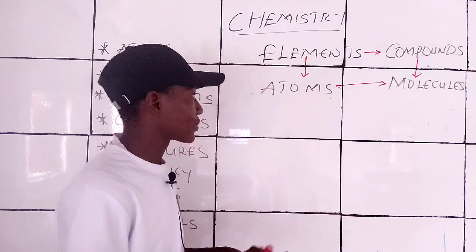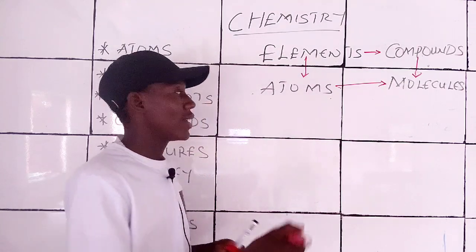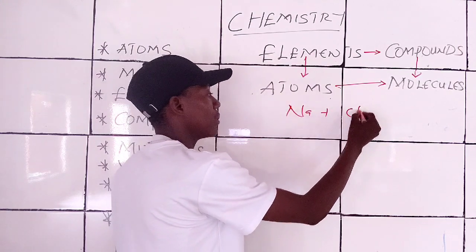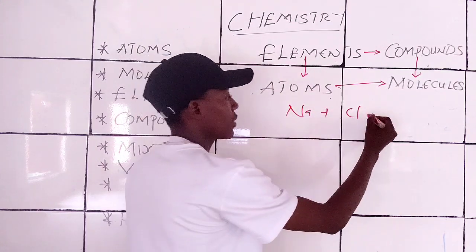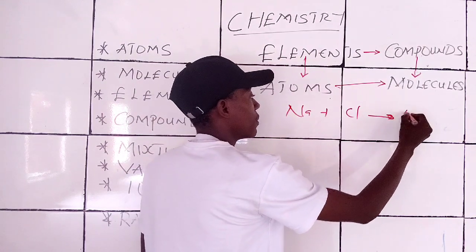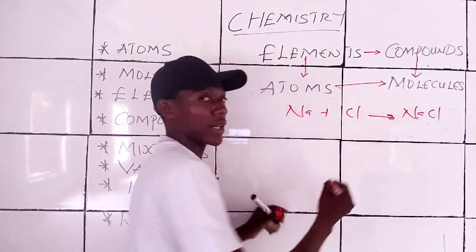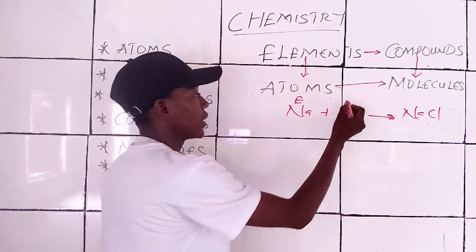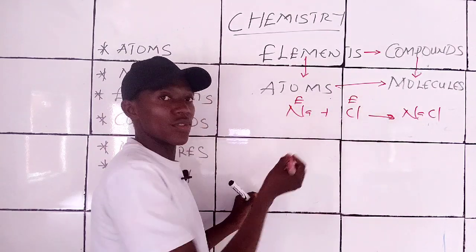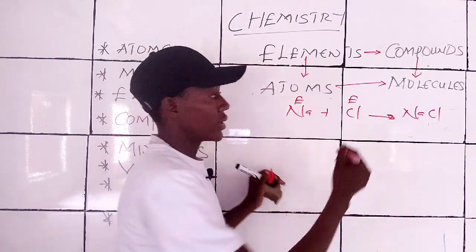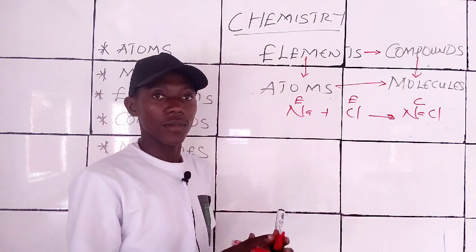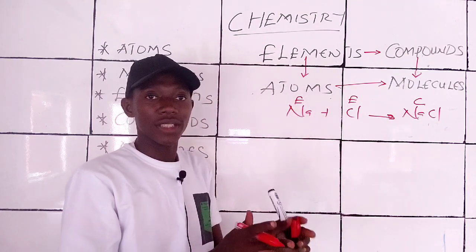So now let's take an example: an element sodium combining with another element, chlorine. When sodium combines with chlorine, they form sodium chloride. Now, sodium is an element, chlorine is an element, and the sodium chloride formed is a compound, because we say a compound is a substance that is formed when elements combine together.